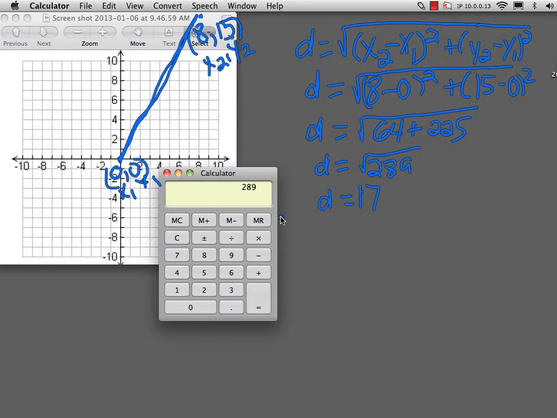Okay, and let's look at one more example. Let's say we've got a point at 0 and 6, and again, this is 0 and 6. And say we've got another point at 5 and negative 4.